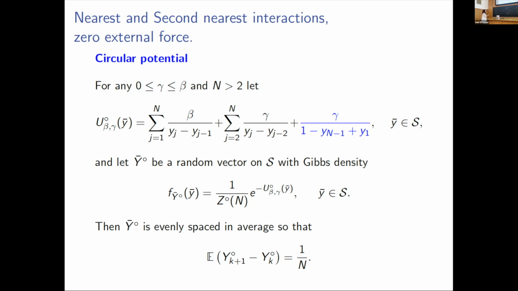But also, due to these boundary effects, let us take for the beginning also the circular version. So we add this term so that the particles are now on the ring to avoid the boundary conditions. And we study also the density in the Gibbs form.